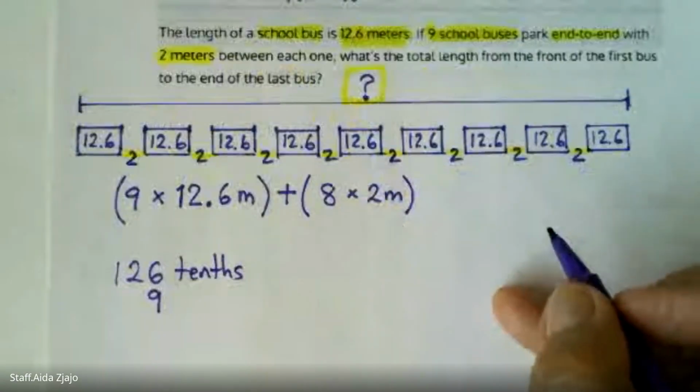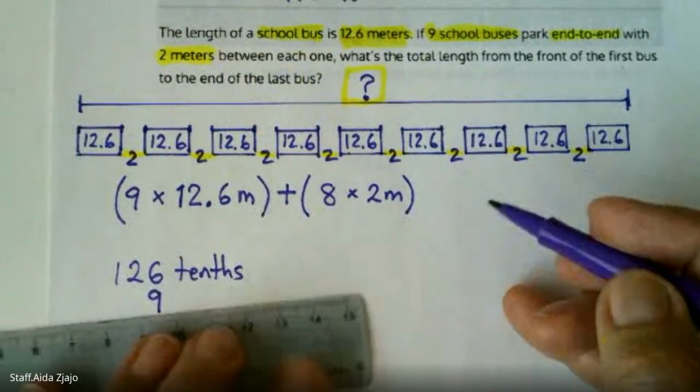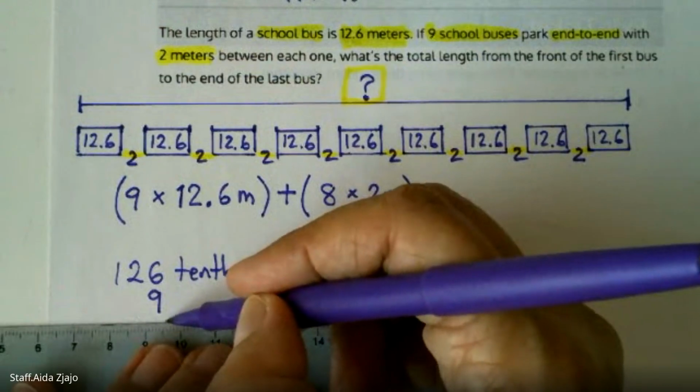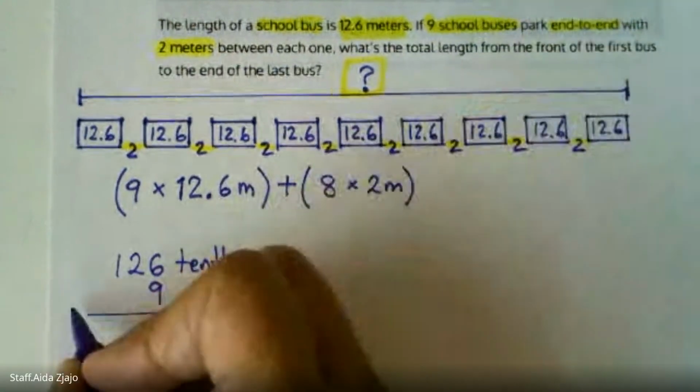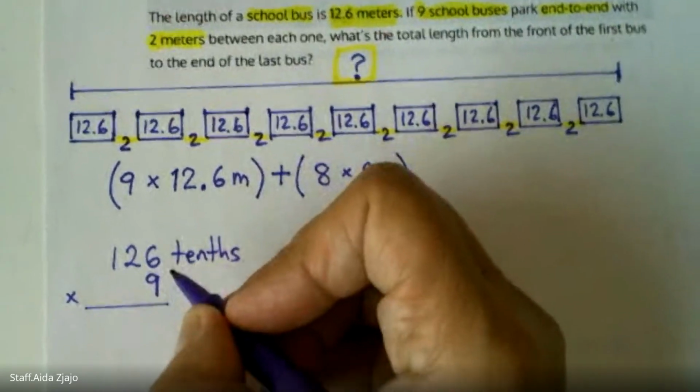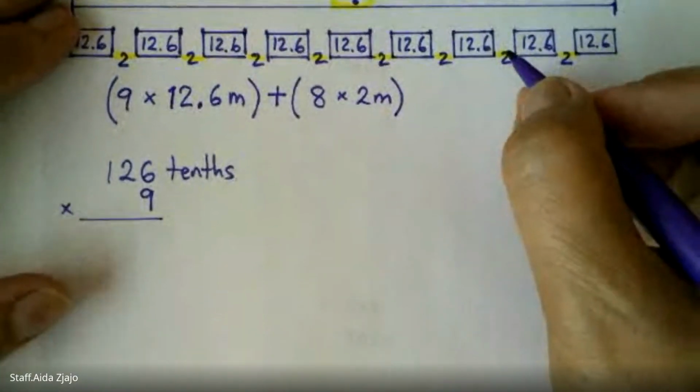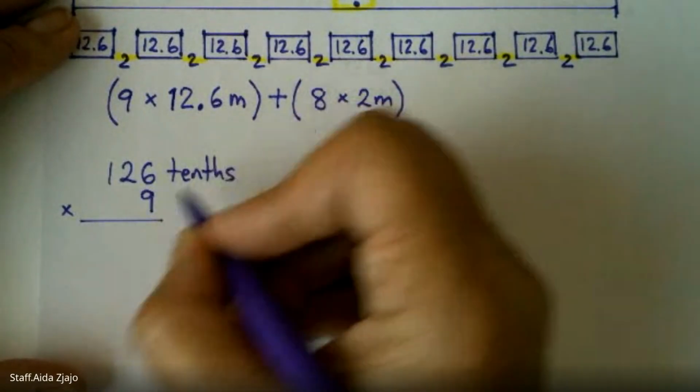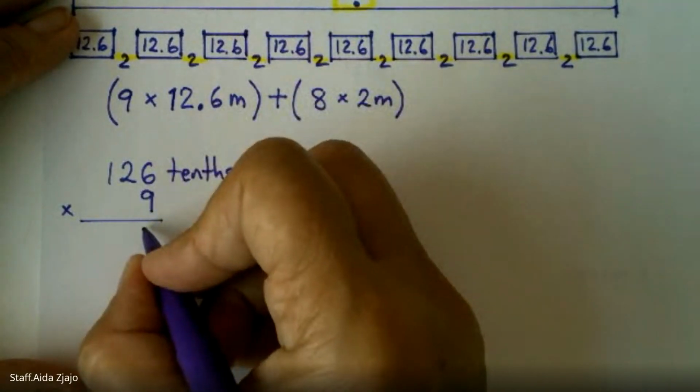Now I can use my standard algorithm and multiply. 6 times 9 is 54.